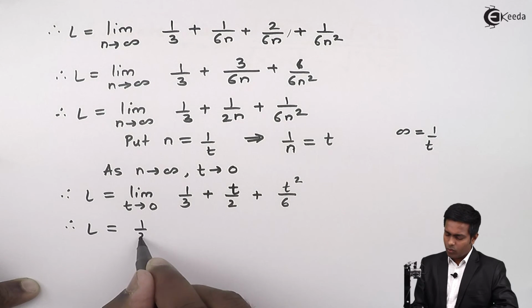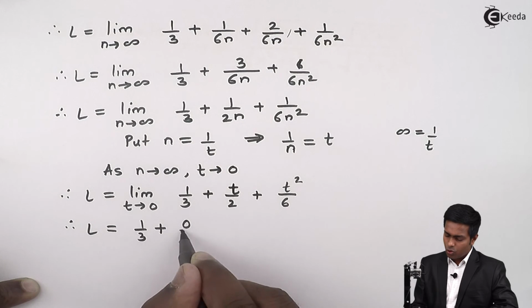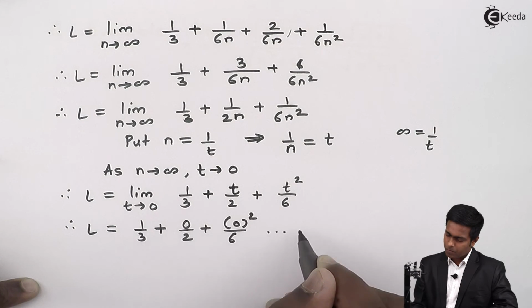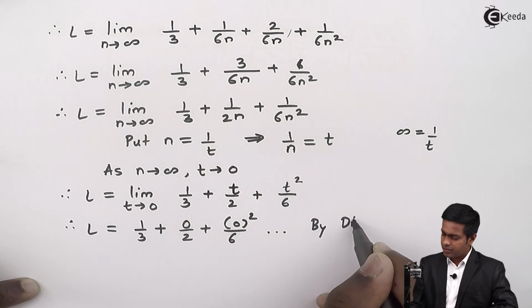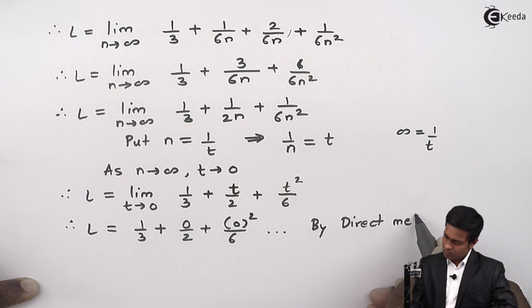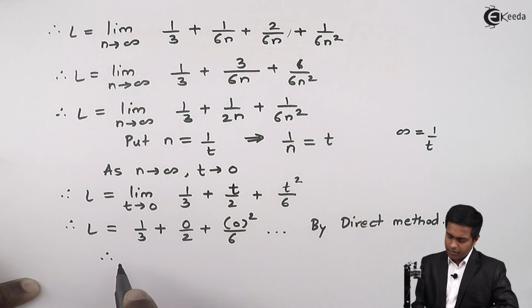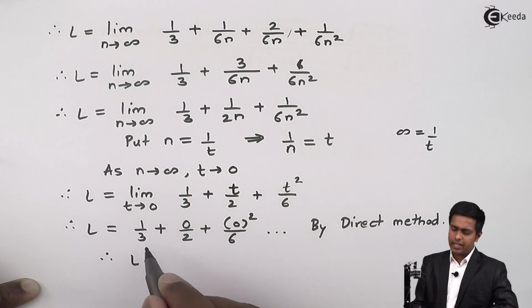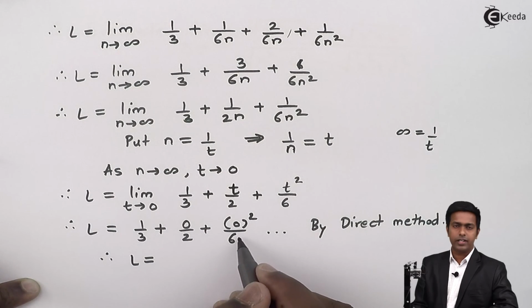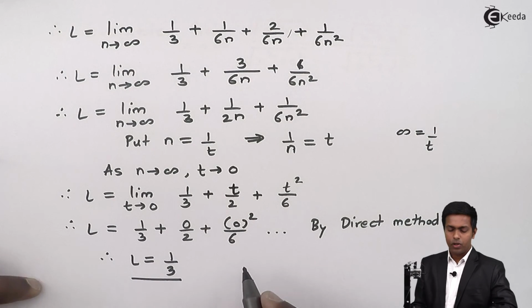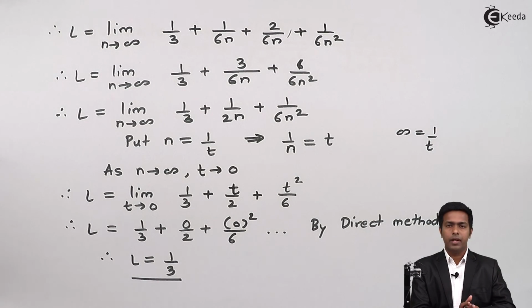So we'll get 1 by 3 plus 0 by 2 plus 0 square by 6. If we solve this, 1 by 3 as it is, 0 upon 2 is 0, and here we get 0. So we'll get L as 1 upon 3. So the value of the given limit is 1 upon 3. Thank you.